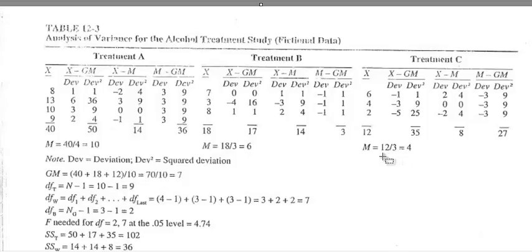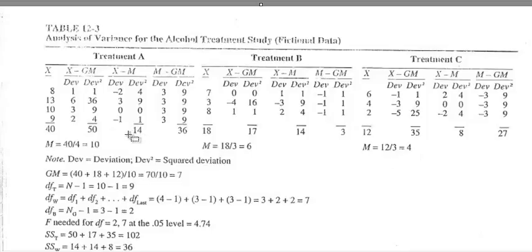Again, we determine those group means simply by summing the scores from the group, in this case 18, and dividing it by the number of scores. So at this point we have calculated the grand mean of 7 and the group means of 10, 6, and 4.